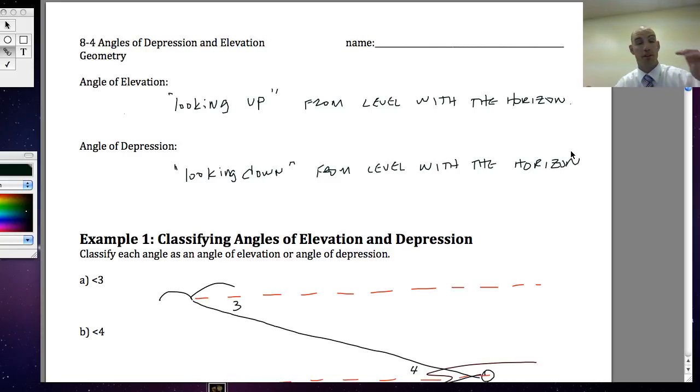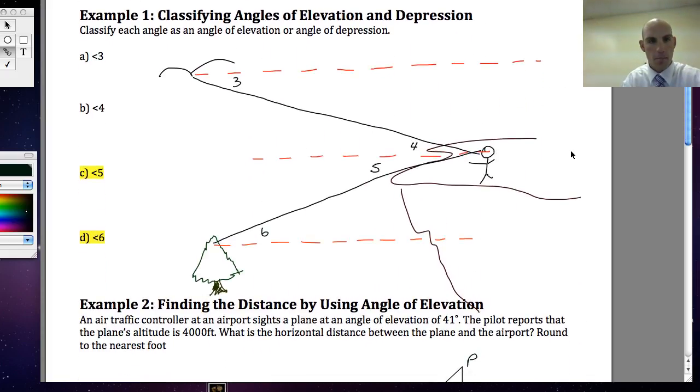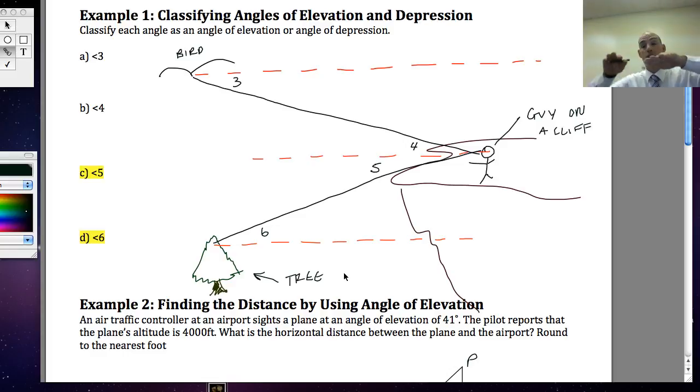Part of the deal with this is classifying things as they are. In example one, we're going to look at that. Up here you see a bird, and here's a guy on a cliff. This is a tree, and the guy is looking down off the cliff at the tree, and he can look up at the bird.